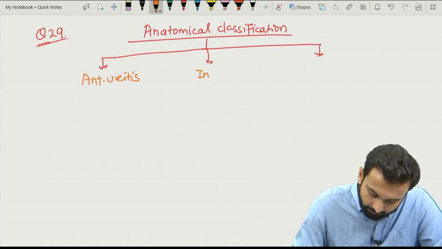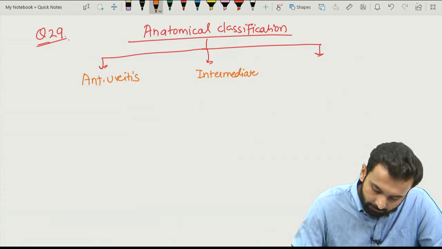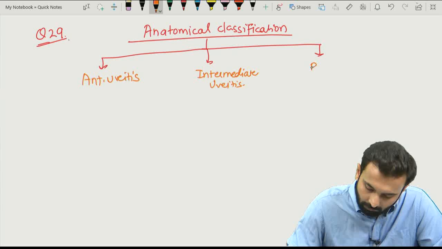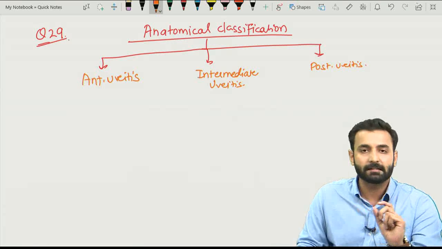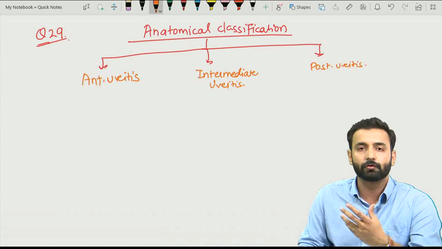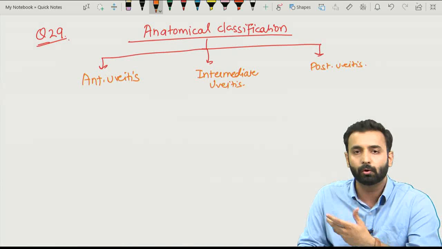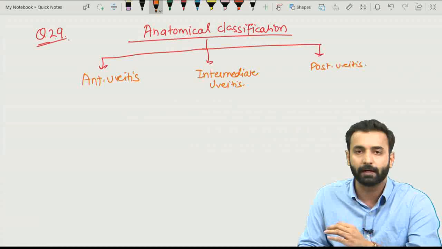Second is intermediate uveitis. And the third is posterior uveitis. Now what is uveitis? You should know. It contains itis, meaning inflammation of the uveal tract. A part or whole of the uveal tract involves uveitis.